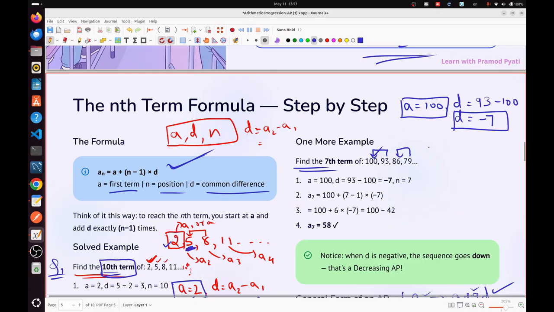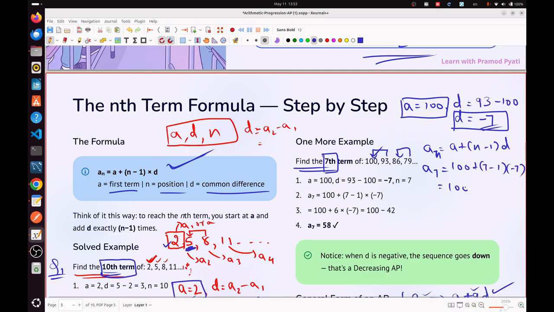Just apply the formula. An equal to, first I will put the formula. An equal to A plus n minus 1 into D is the formula. So A7 becomes, A is 100 here, 100 plus n, the 7th term they have given here, right? So n is 7 minus 1 into D, which is minus 7.